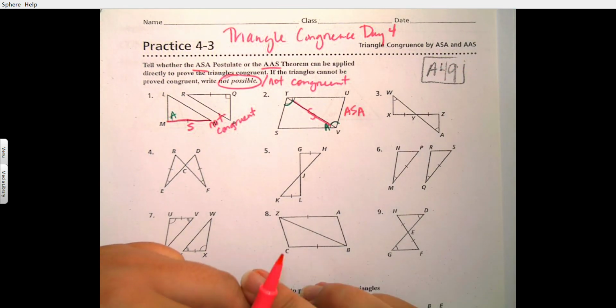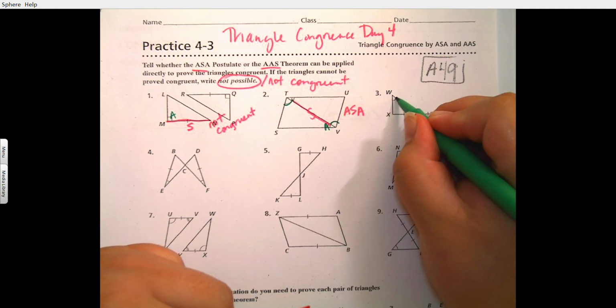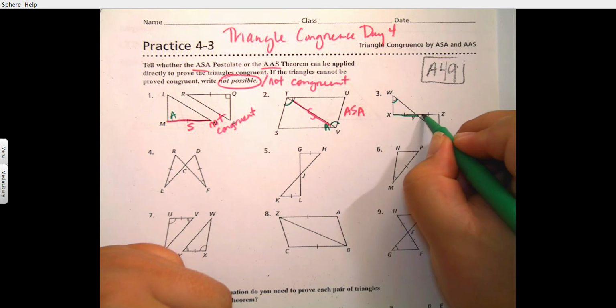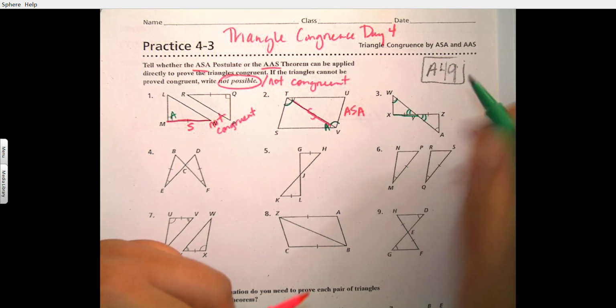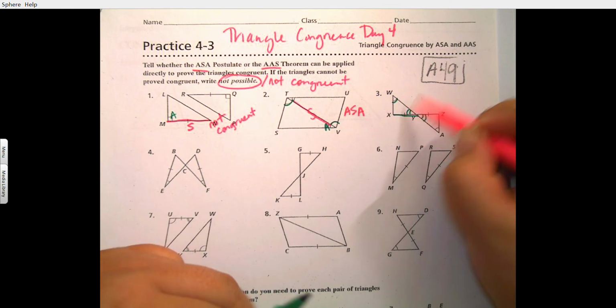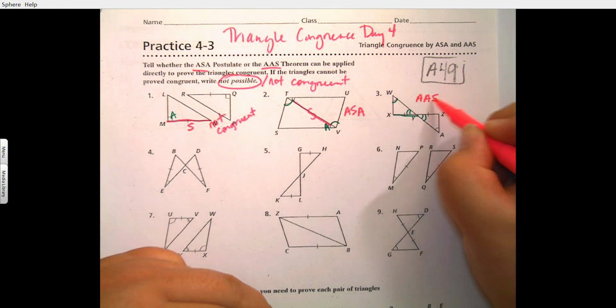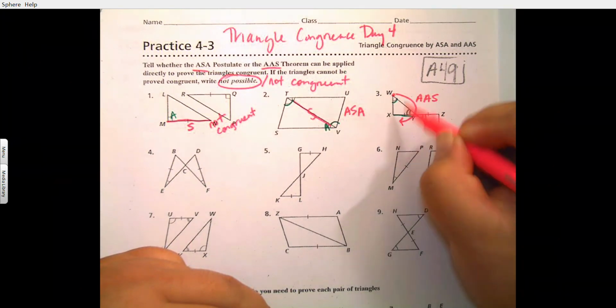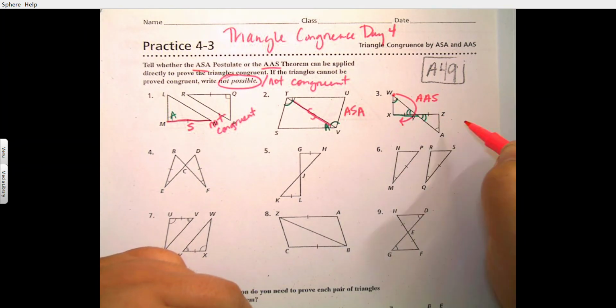Number 3, I see angle, and then I see side way over here, and these are vertical angles, so they are exactly the same. So I see angle, angle, side. So start here and work your way around. Angle, angle, side.